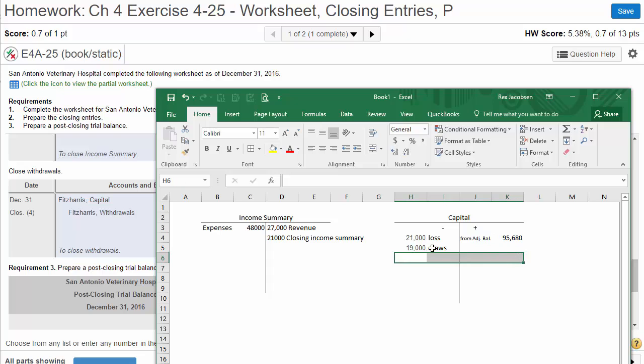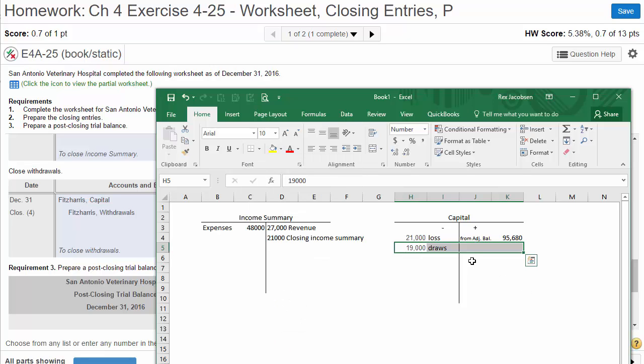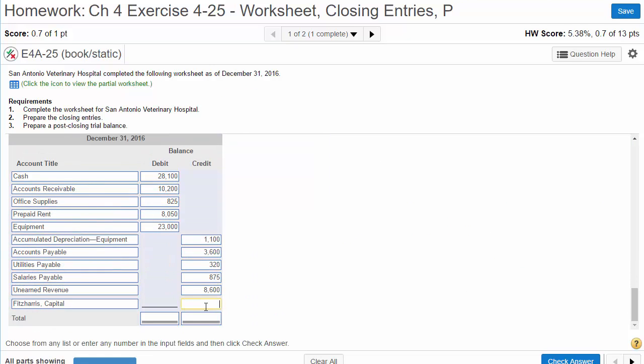So let's figure out what our total is. We've got 95,680. We subtract 21,000. We subtract 19,000. And we get our ending balance of $55,680. So now we can take this $55,680, copy this, and plug it in here.